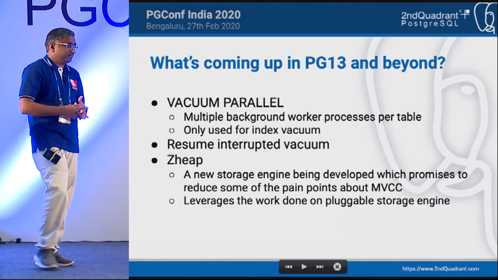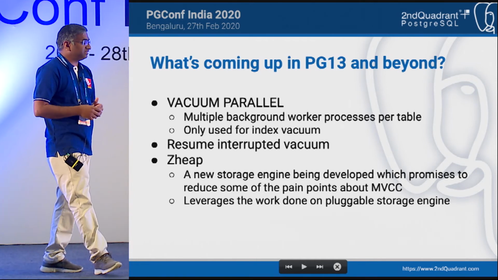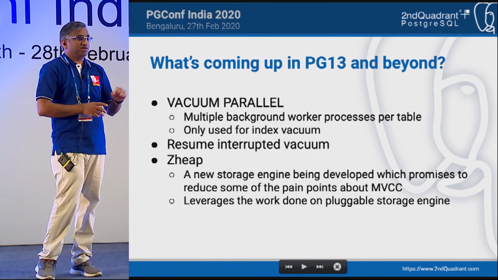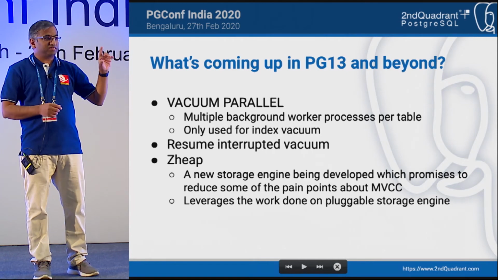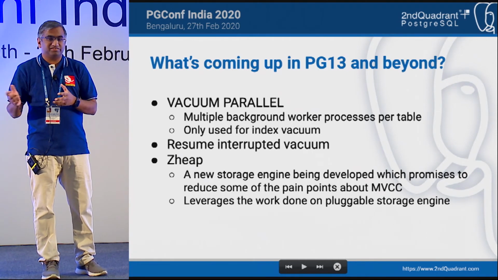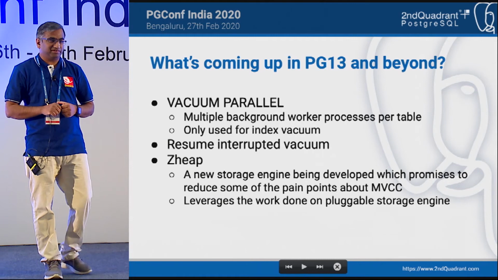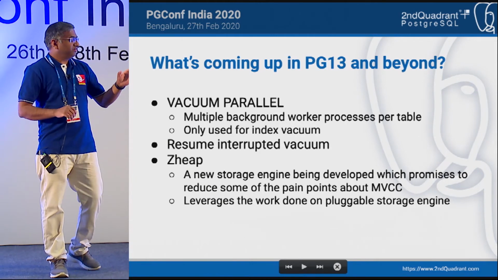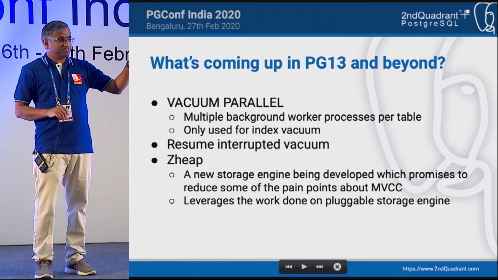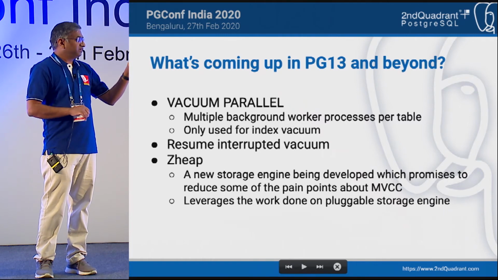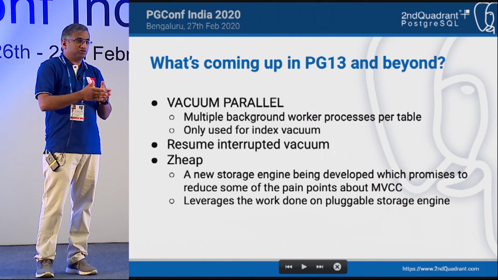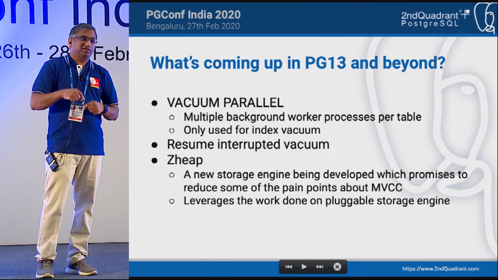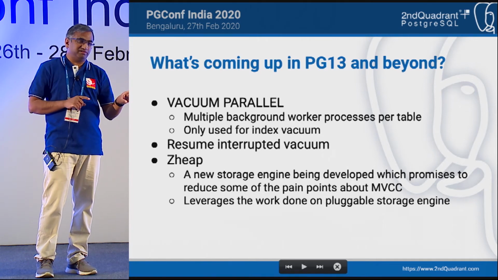What's coming in PG13 and beyond, this patch I think is already committed, is vacuum parallel. Till now, vacuum was a single threaded, single process operation. If you now specify the parallel option, and this is not in PG12, it will come in the next release, then vacuum can use multiple background processes to vacuum a single table.